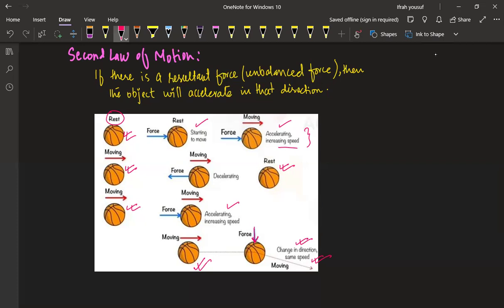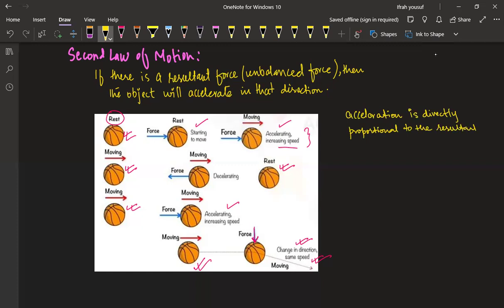So what we can conclude is that acceleration is directly proportional to the resultant force.